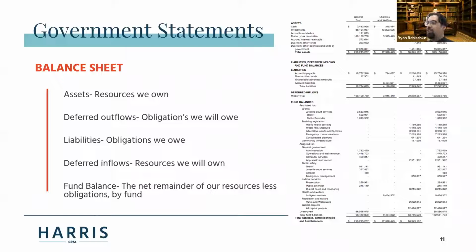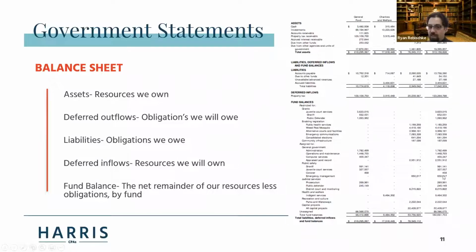Any kind of general activity that isn't significant enough to be its own fund will show up in the general fund. Some of the other major funds that ADA has would be the Charities and Welfare Fund. And then anything that's small and isn't big enough to warrant its own column shown on the statements, they all get lumped together in our other governmental funds for our total amount here.